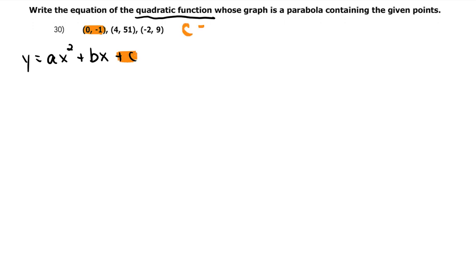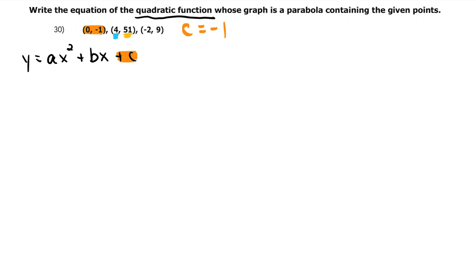So c is actually equal to -1. That's the only part that I know. I still need to figure out a and b. Now, they gave me two ordered pairs. The first one, x is 4 and y is 51.